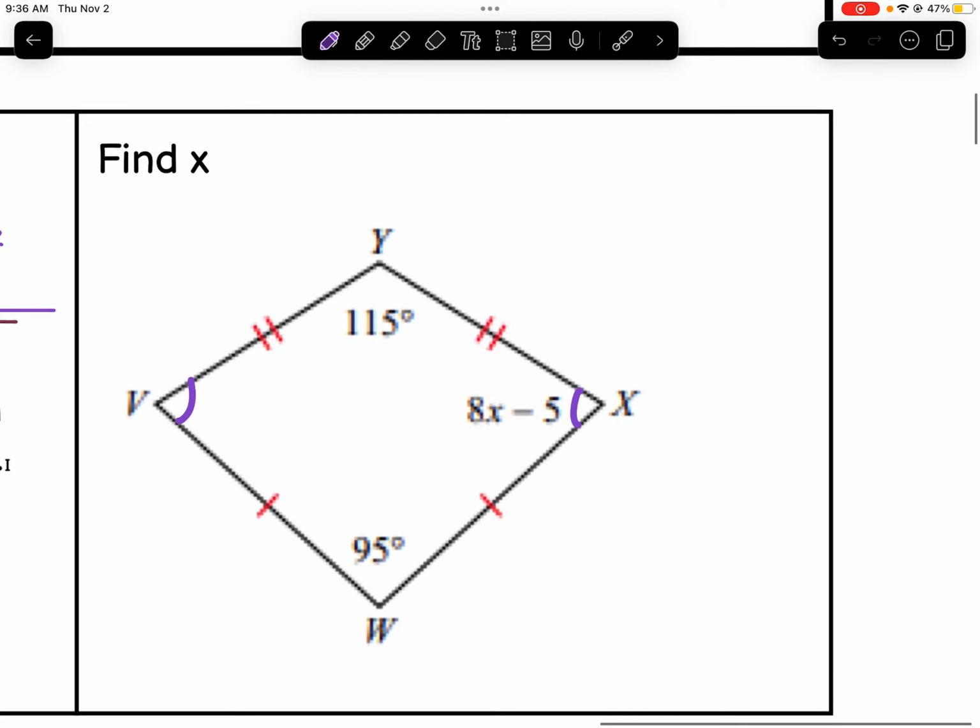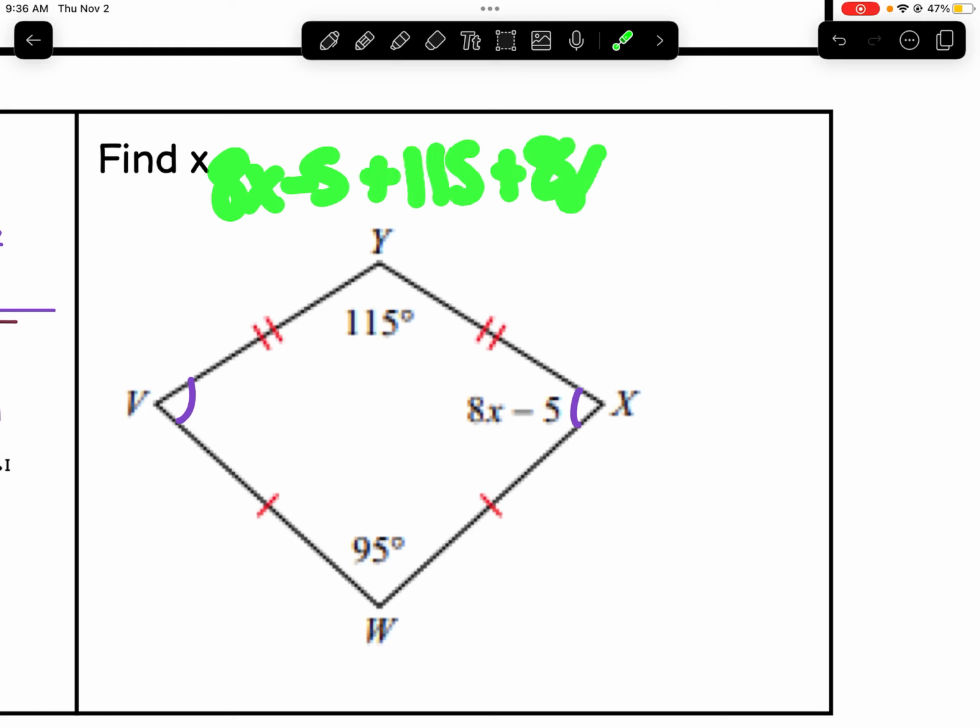While we could write that this is 8x minus 5 and then write 8x minus 5 plus 115 plus 8x minus 5 plus 95 equals 360, I don't think that is the best problem-solving route to take.